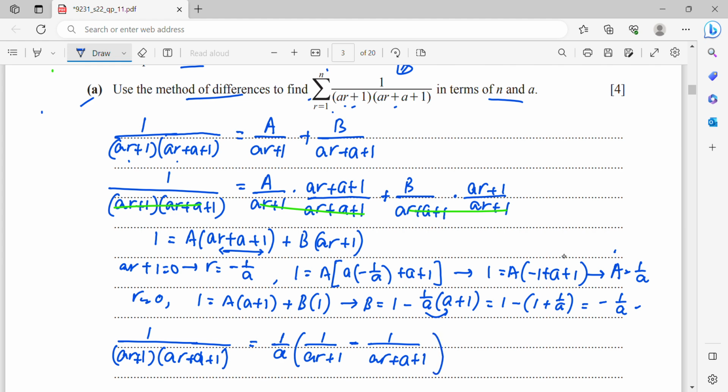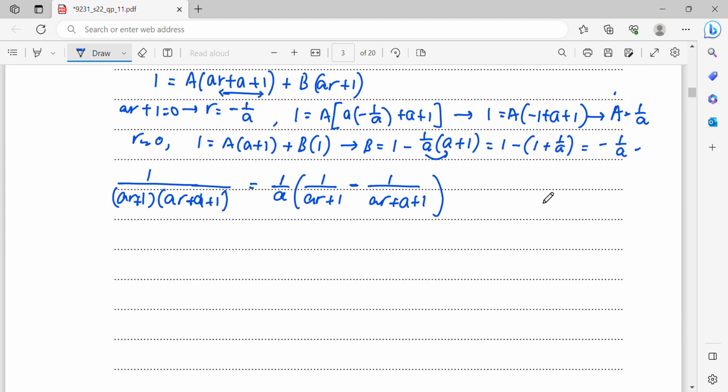Now to get the sum, and applying the method of differences, the method of differences means that it will involve two functions, f(r) and f(r minus 1). So now I will let this second function be f(r), that is f(r) equals 1 over (ar plus a plus 1).